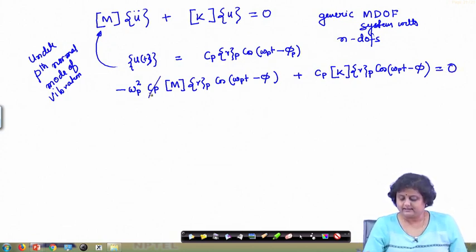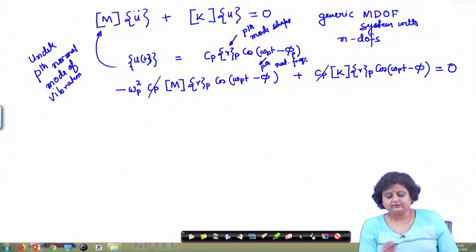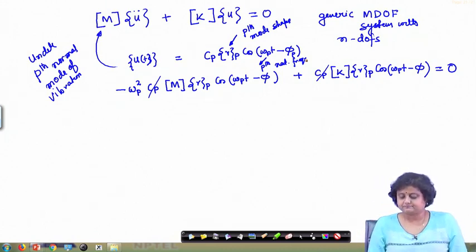We can always cancel out Cp. Now, Rp, needless to say, is the pth mode shape, and omega p is the pth natural frequency. Okay. So, this is the equation that we have.